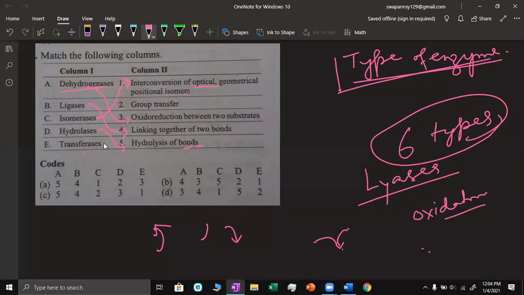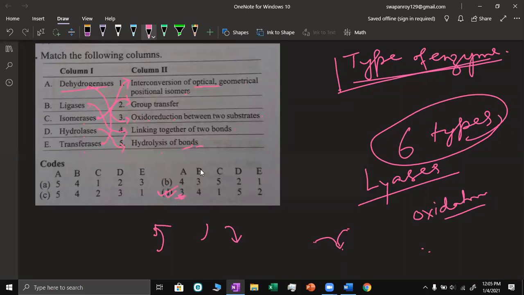And transferase transfers groups. So this is group transfer. Now, A with 3, only this one is there. It means this is the answer.